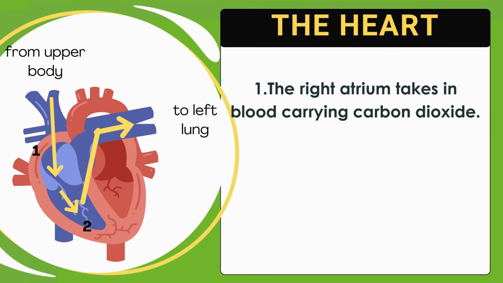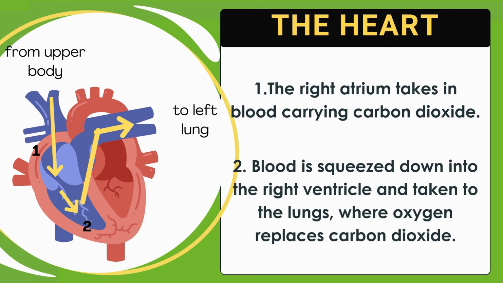First, the right atrium takes in blood carrying carbon dioxide. Second, blood is squeezed down into the right ventricle and taken to the lungs, where oxygen replaces carbon dioxide.